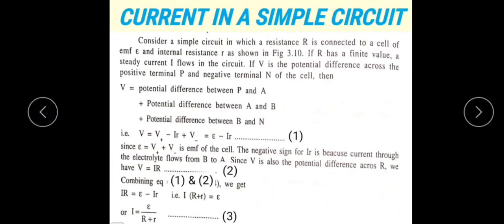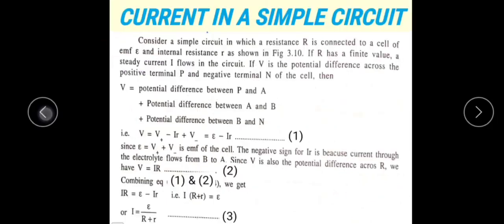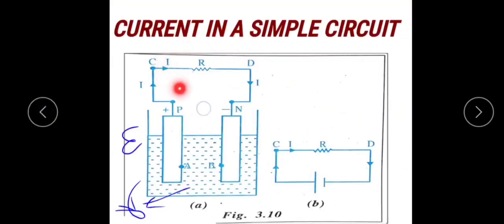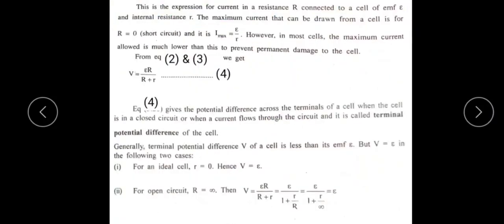This is the case in which the expression shows the current through a circuit of resistance R connected to a cell, and the cell having internal resistance r. Then the maximum current can be drawn from the cell for which value? If the R value is 0, then the circuit draws maximum current.